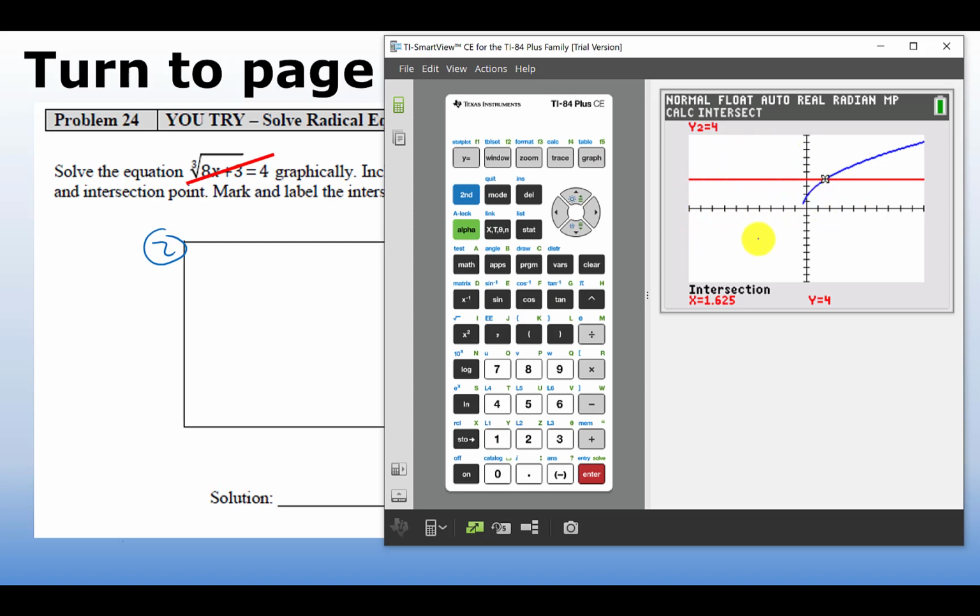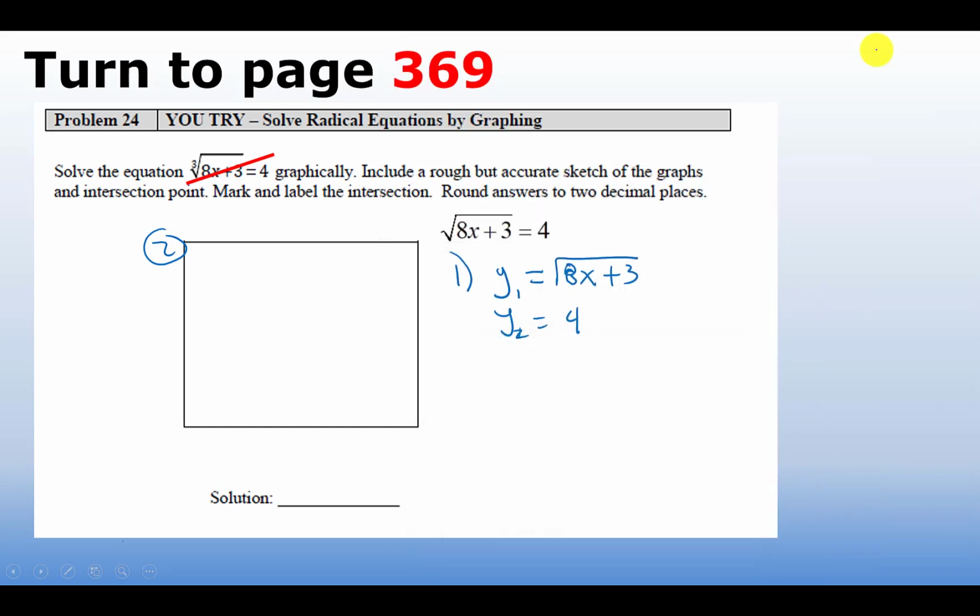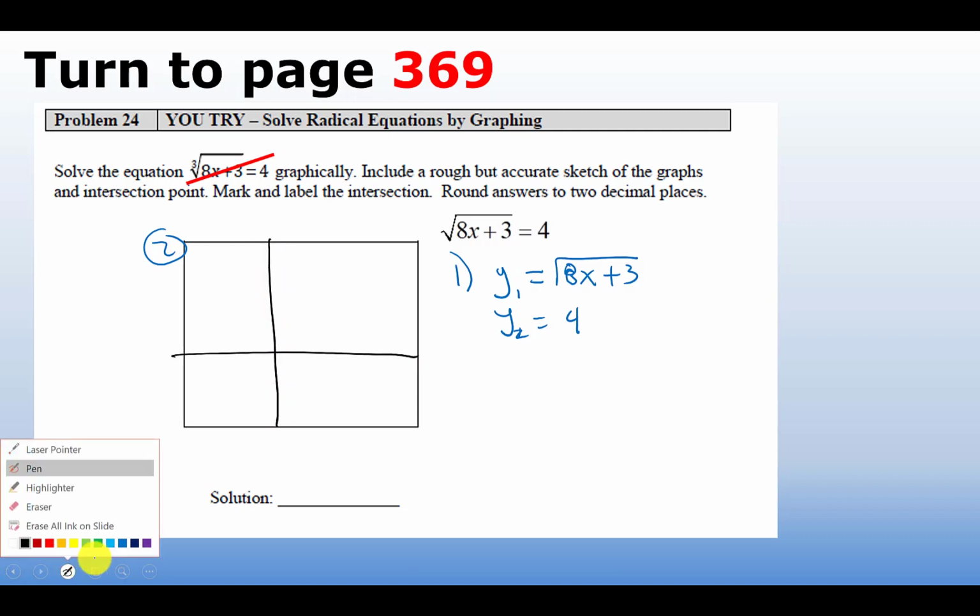So let's transfer that graph to our sketch and then explain the solution to our equation. So we have the x-axis and the y-axis. We had one of our curves going something like that. We had another curve.